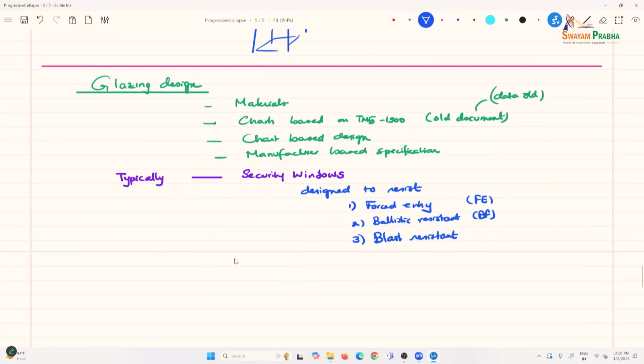traditional windows. These are security windows. If you look at traditional windows, not security windows, these resist wind pressure and impact due to debris, wind debris.